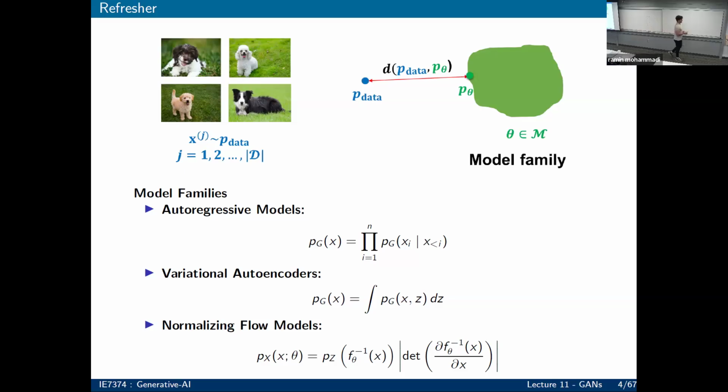Then we saw the variational autoencoders, where the probability of a data point comes from a collection over all latent variables. So the marginal over x, the likelihood of x, comes from the joint distribution of x and z across all possible z's.